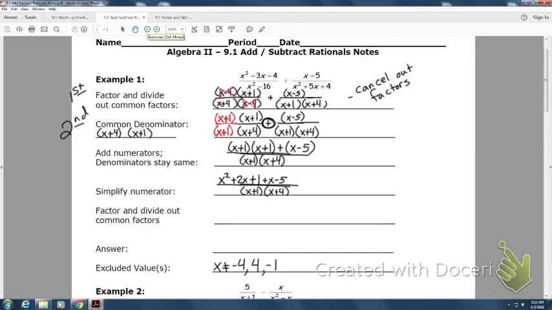Okay, so once I'm here, I'm simplifying the numerator. So I multiply when I need to multiply. Again, the plus didn't affect the x minus 5 factor. Once I'm done multiplying, I'll then need to combine my like terms.